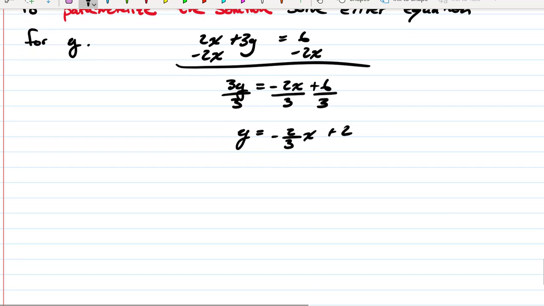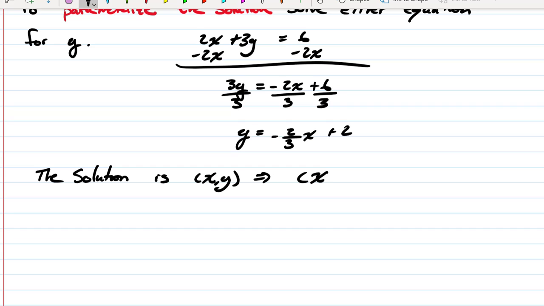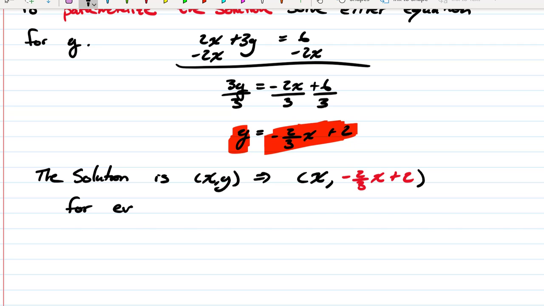So then, the solution is an ordered pair x comma y, and we have x, but then we have our y value that we just solved for. Y is the same as negative 2/3 x plus 2. And that would be the solution for every real number x.